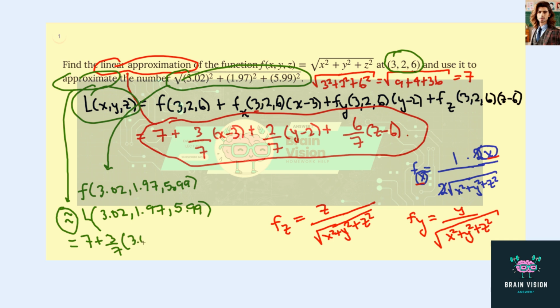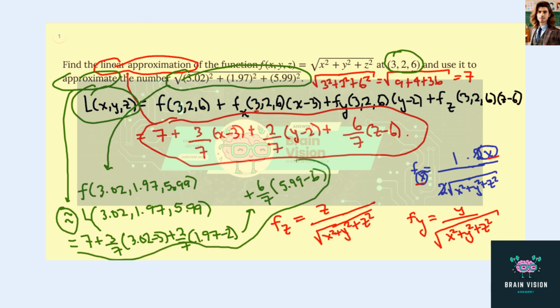So we'll have a 3.02 minus 3, 1.97 minus 2, and then finally plus 6 over 7, and then that's 5.99 minus 6. So I'll stop writing right here because now it's time to actually compute this thing out.